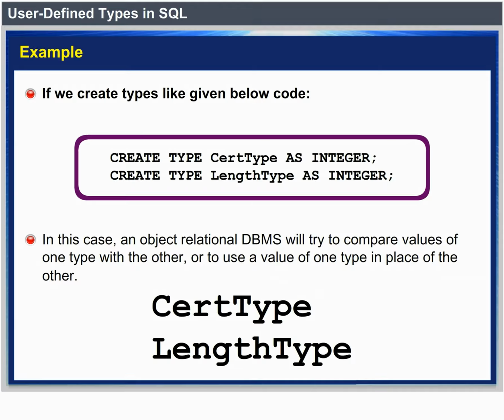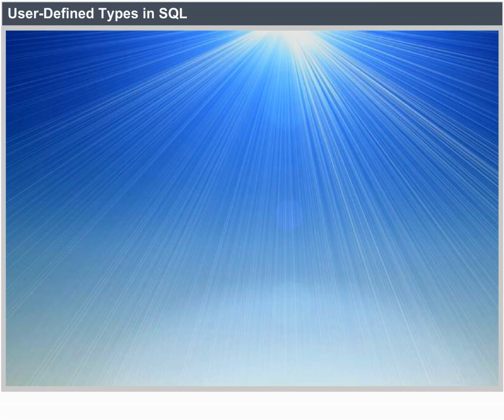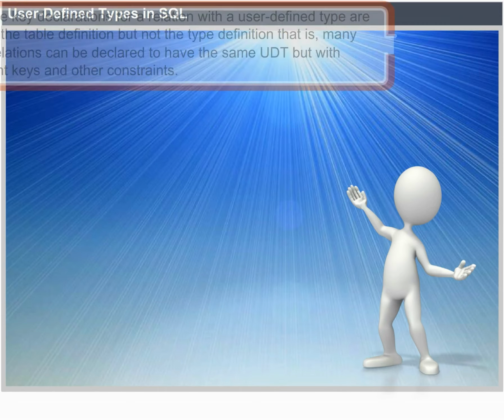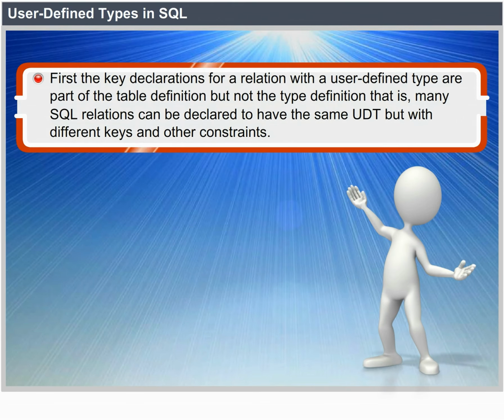A more powerful form of UDT declaration in SQL is similar to a class declaration in ODL, with some distinctions. First, key declarations for a relation with a user-defined type are part of the table definition, not the type definition.